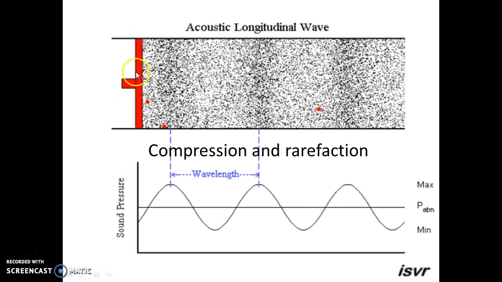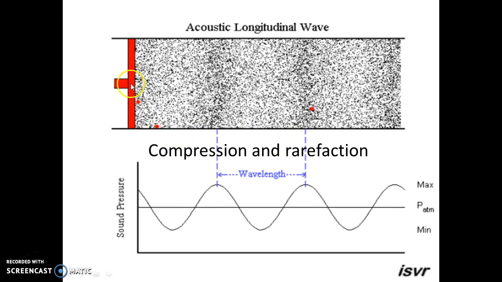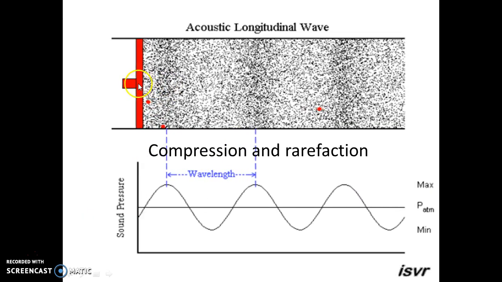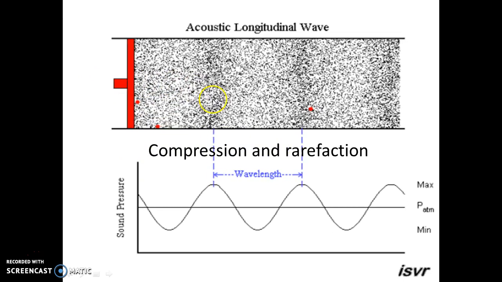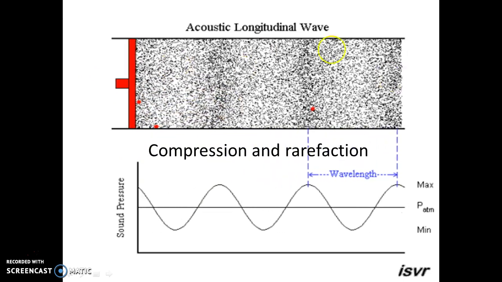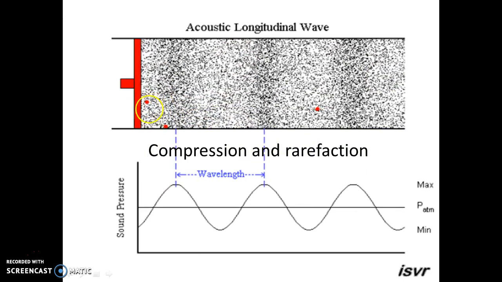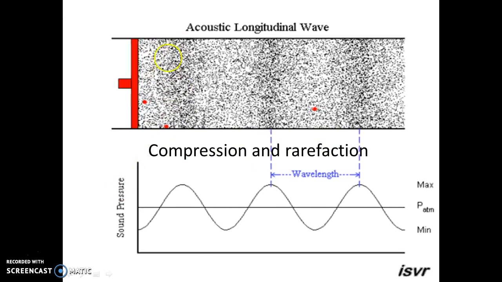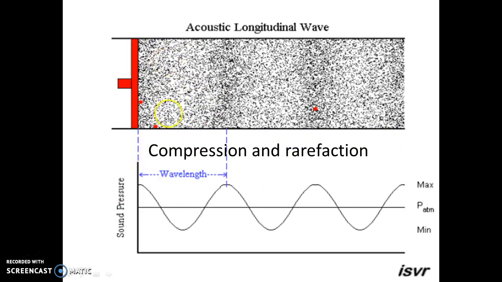So this causes a vibration. We could think of this as the cone that's being either repelled or attracted. It's vibrating back and forth. When you have a vibration, and as long as you have a medium, sound can be produced, creating areas of high pressure compressions or low pressure rarefactions.